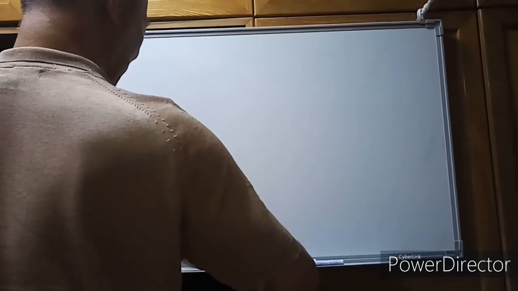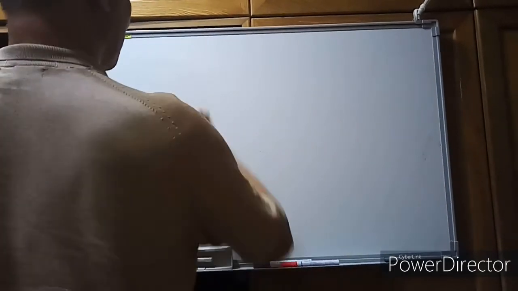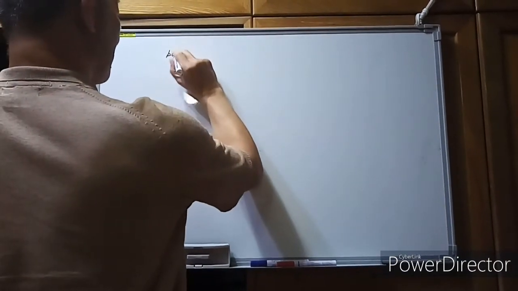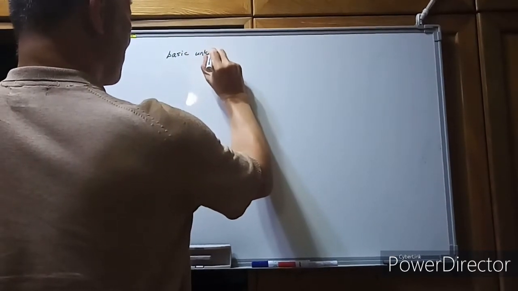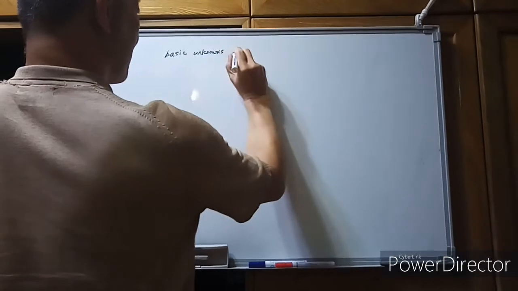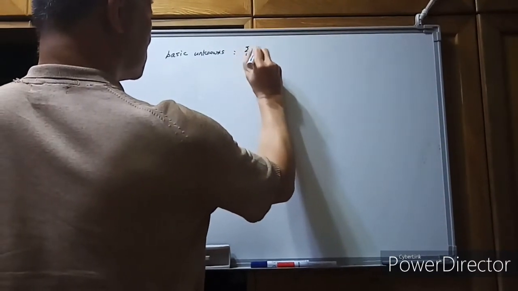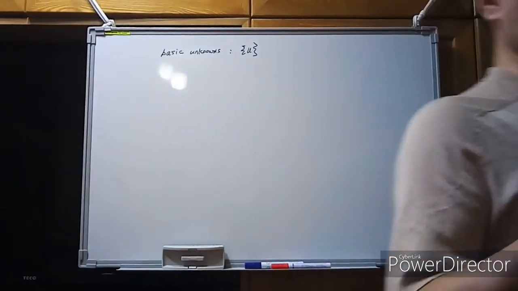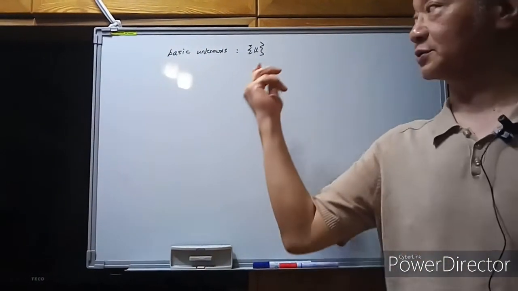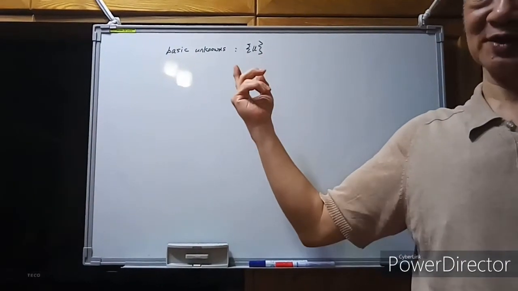Remember the basic unknowns. They are the U vector. When we assume the displacement functions, they are controlled by those unknown nodal displacements.